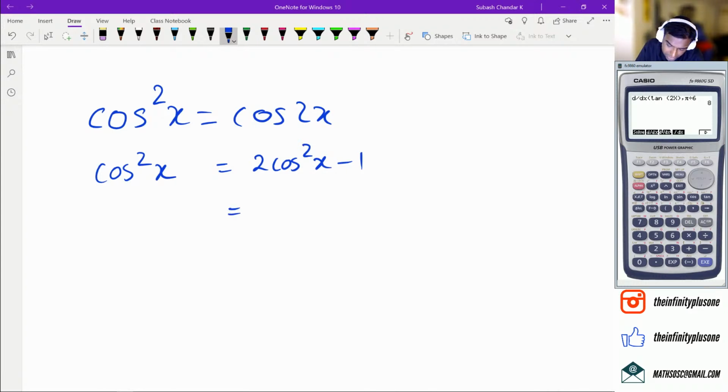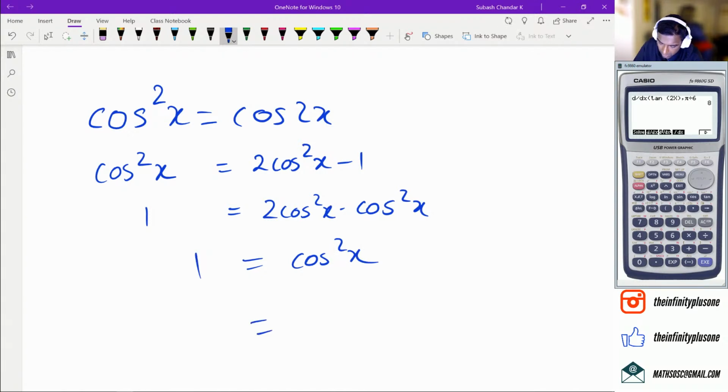So then if you rearrange it, you're going to get 1 is equal to 2 cos squared x minus cos squared x. So which means cos squared x equals 1, cos x equals 1. But then, how do you get pi?